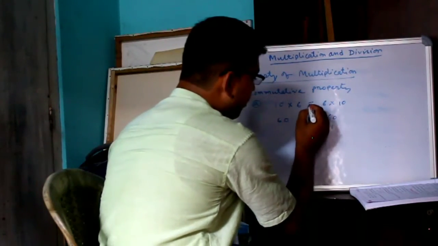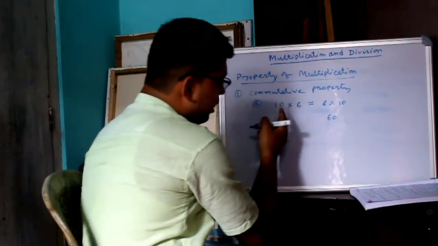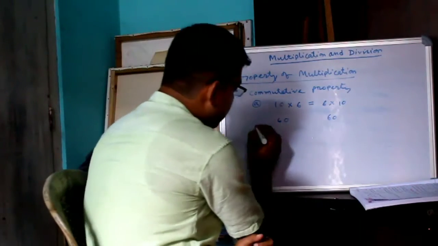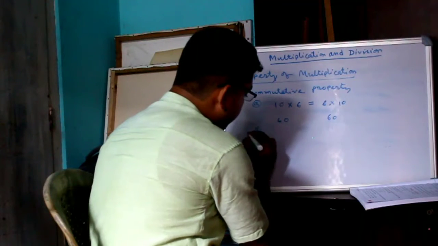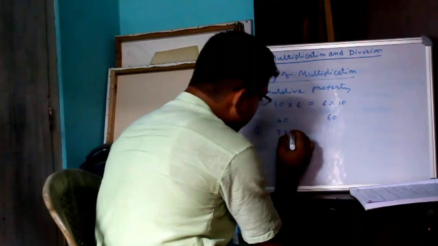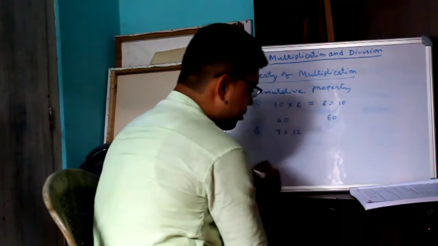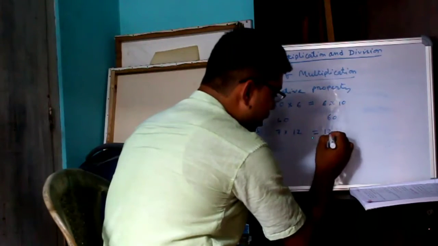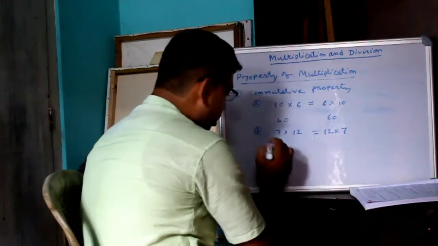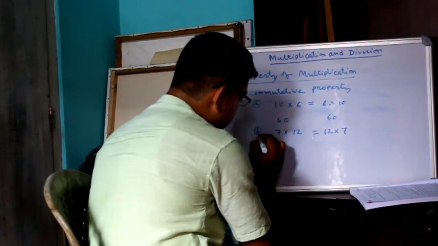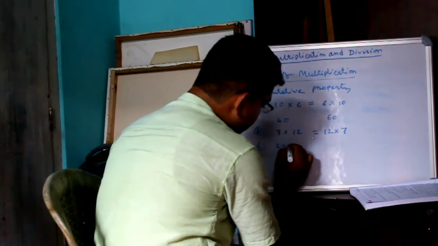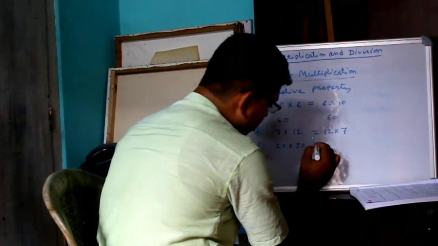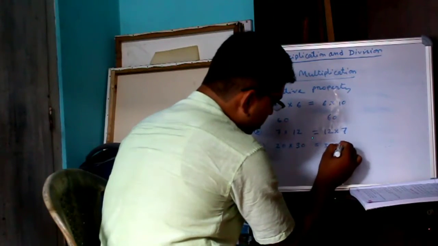So we can write 10 into 6 equal to 6 into 10, and 7 into 12 equal to 12 into 7, or 20 into 30 equal to 30 into 20.